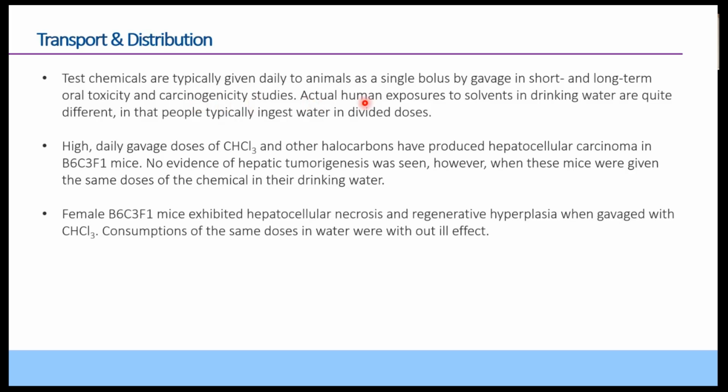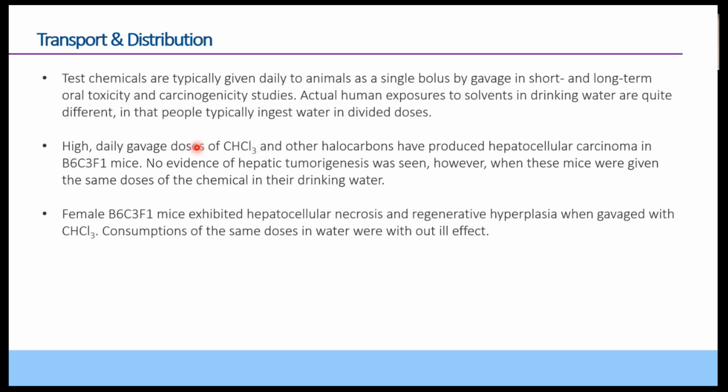However, acute human exposure to solvents in drinking water is quite different in that people typically ingest water in divided doses. So the exposures will be small doses over a longer period of time over the day, while in animal studies, it is given as a single or a BID dose by gavage.